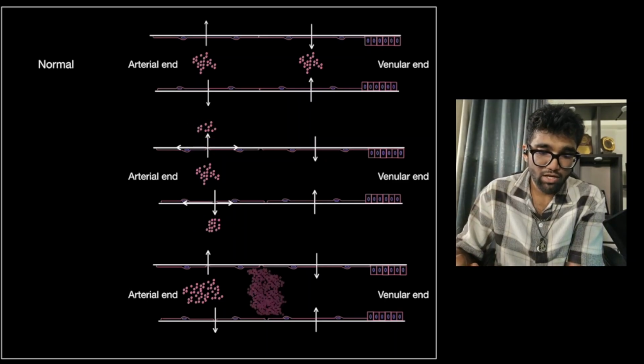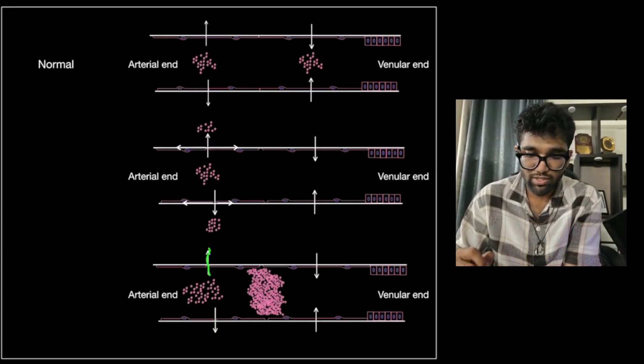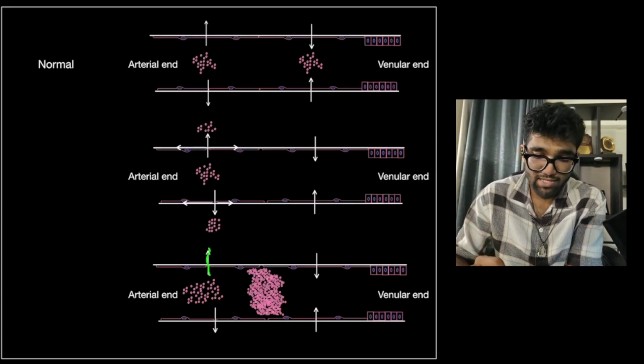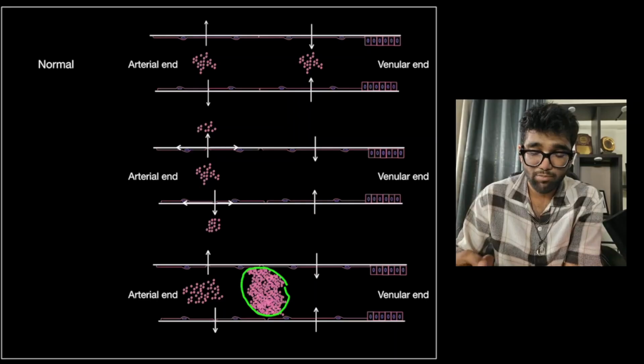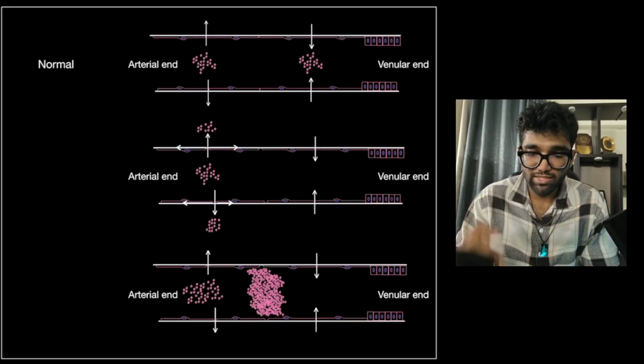Now, alternatively, what can happen also is that there is a lot of loss of water, that is, the water component of serum, and as a result, the protein gets highly concentrated. And because the protein is getting concentrated, and because for some reason the protein has a tendency to clump together, it is forming a clump and obstructing the capillary.